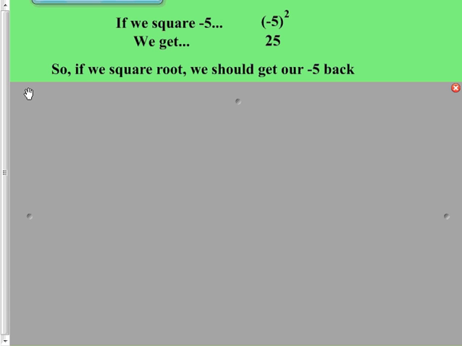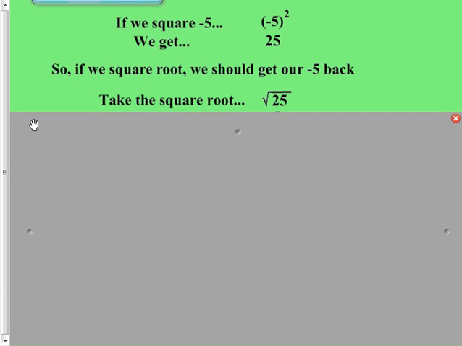We squared something, so we ought to be able to undo what we just did by doing the opposite of squaring, which would be square root. So if we take the square root of 25, which is looking for a value times the exact same value that equals 25, clearly that would be 5. 5 times 5 is 25.